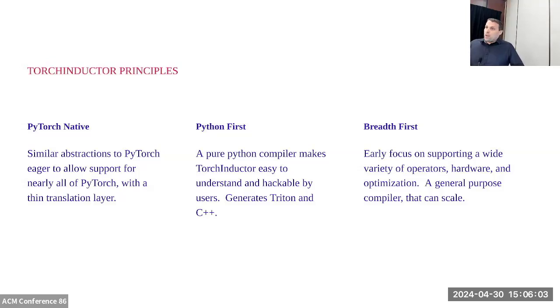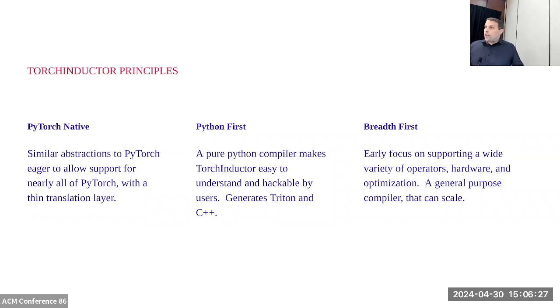Most notably, we have user visible stride and data pointers, but there's also many other differences that give PyTorch its flexibility that you spoke about. And we wanted a backend compiler that shared very similar abstractions to PyTorch in order to support all the features that PyTorch provides. Next, we wanted a compiler that is Python first.